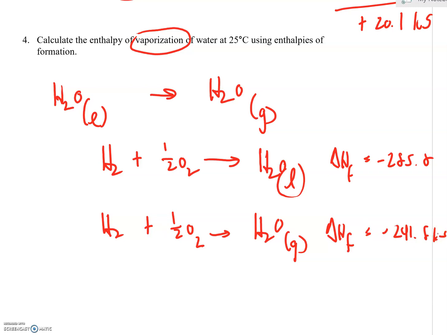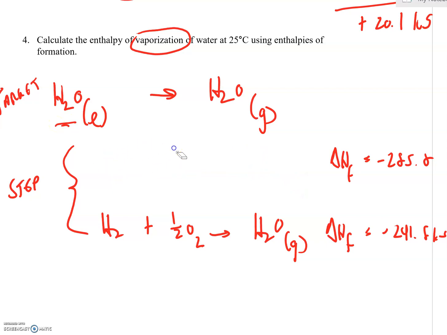Well, can we get these two step equations to equal this target equation? I think it is possible. Let's take one of these guys and flip it around so that liquid water is now a reactant. So we're going to flip this one, and now we have H2O, a liquid, which is going to bust up since we're running it backwards. And now this is positive.